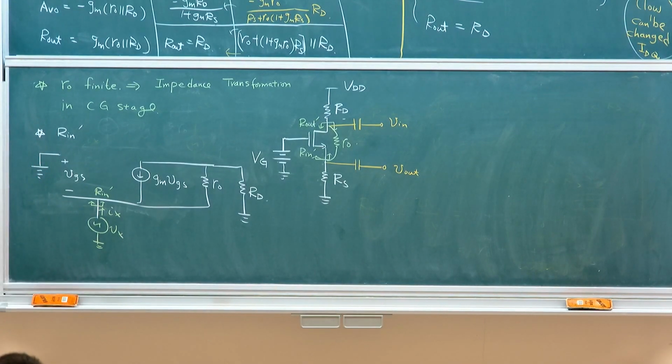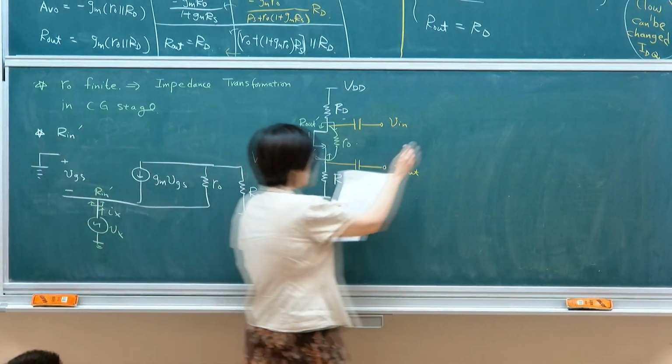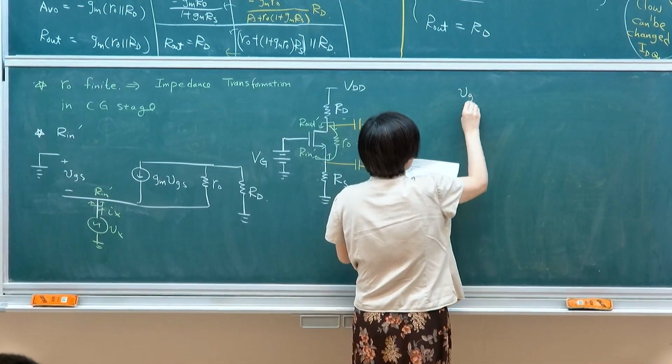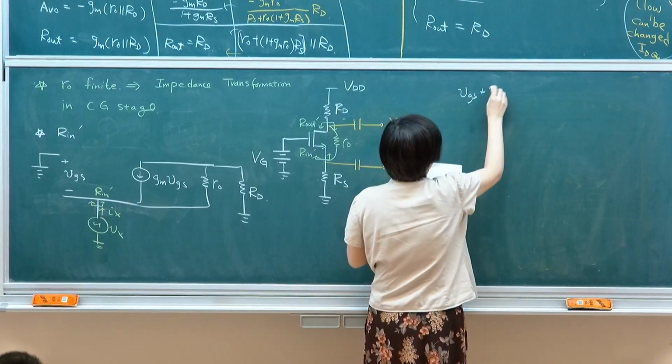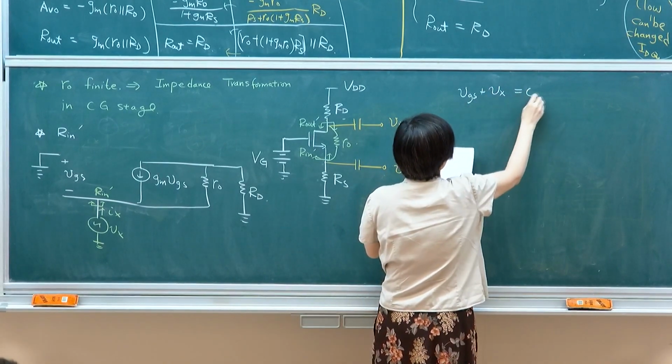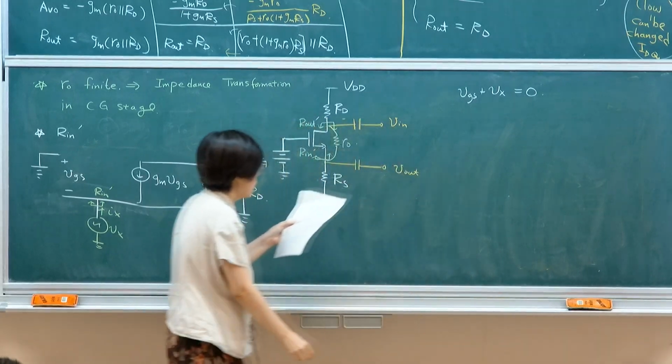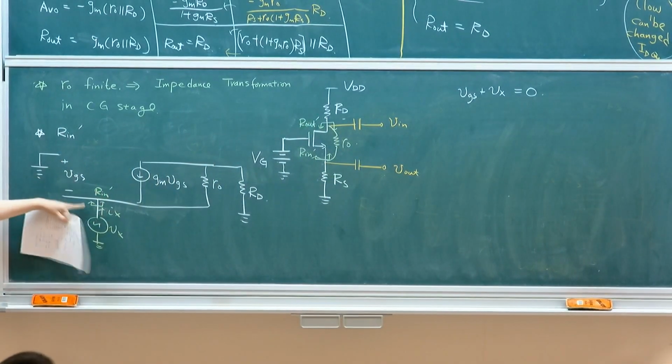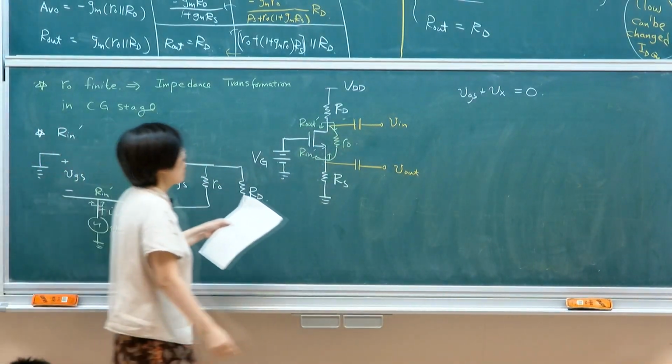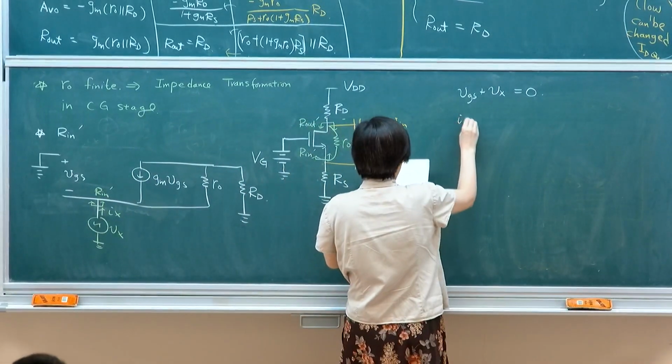So if this is the case, you simply write down the same equation once again: VGS plus Vx equals 0. If you're looking in from here, this loop will give you that. And what is Ix?